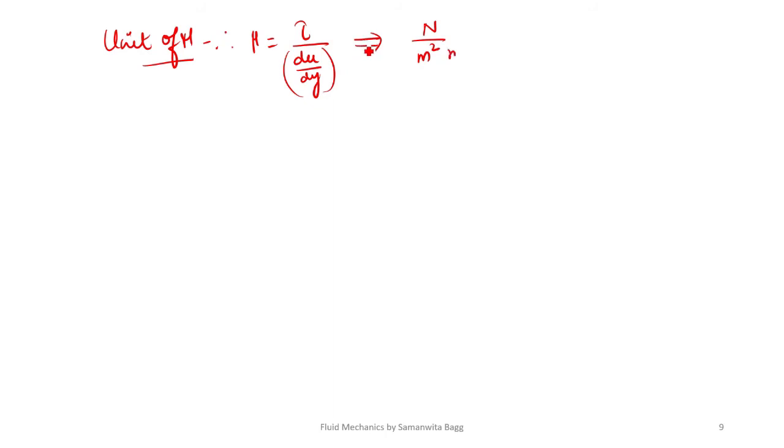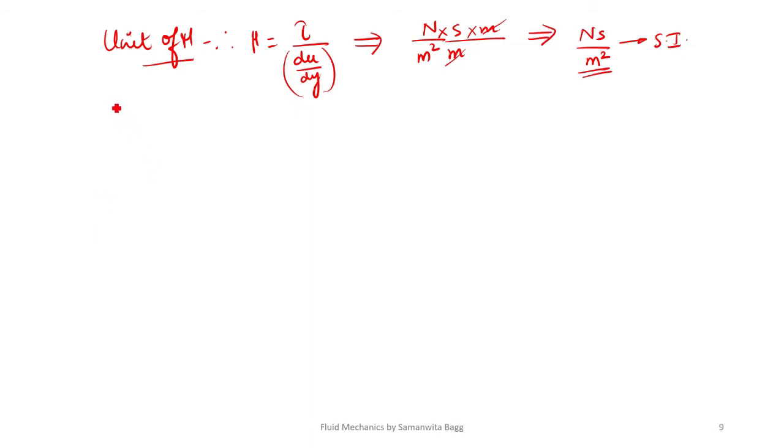Here, this is meters per second. And this is 1 upon another term. So this unit will definitely go into the numerator as meter. So this meter gets cancelled and the unit remains as Newton second per meter square. This is the SI unit of viscosity.